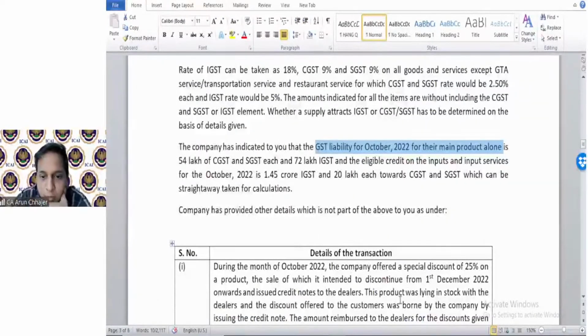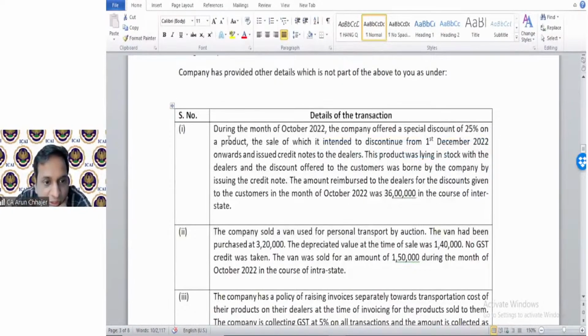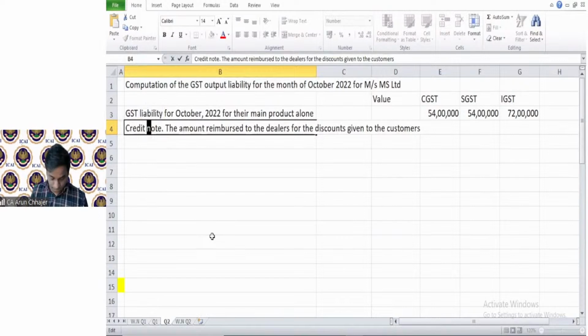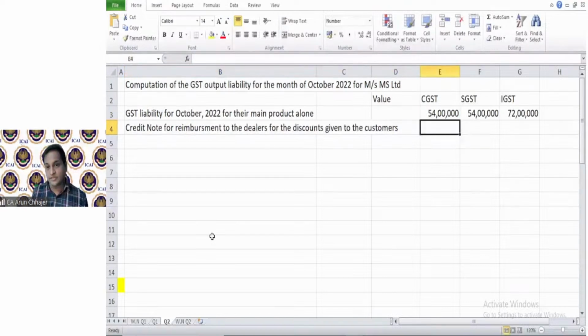And after that, it told about the ITC we will leave for the time being. That during the month of October, company offered the special discount. So now I will say credit note given to the dealers for reimbursement for the discount given to the customer.